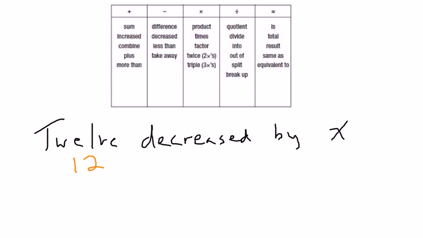What about the words decreased by? Looking at our chart, decreased tells us to subtract. So decreased by tells us to take away or to subtract. And of course, x represents a number that is not known, so we will leave it as x. So 12 decreased by x can be rewritten as 12 minus x.